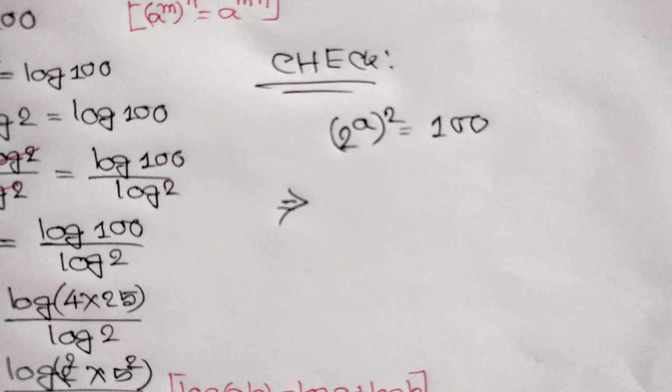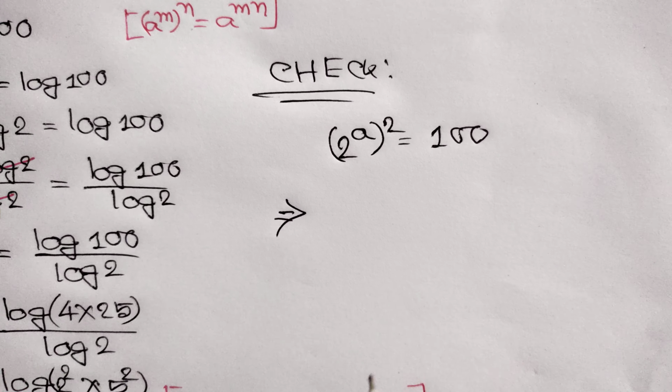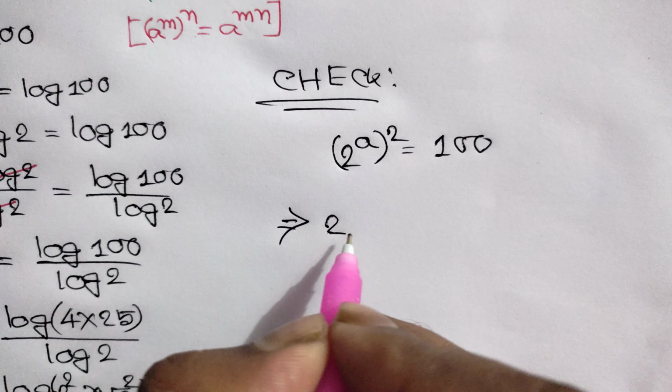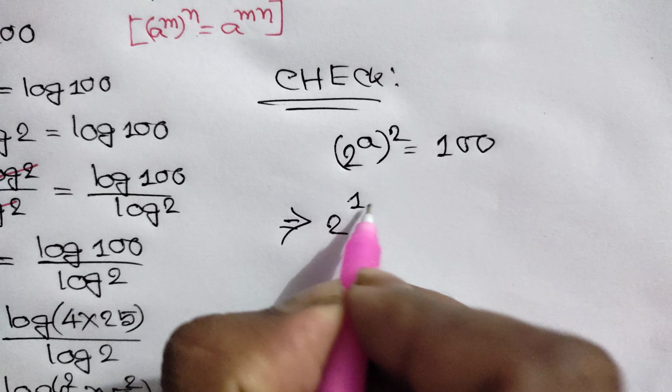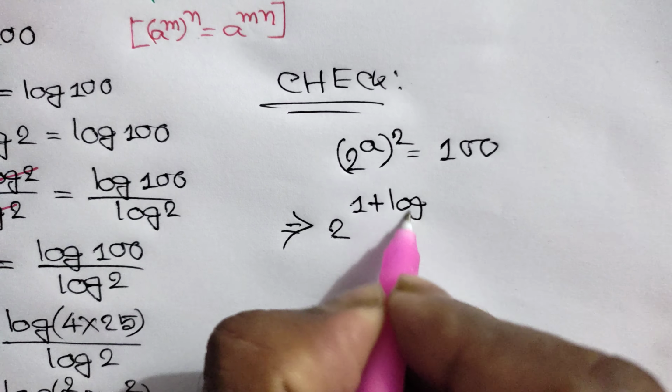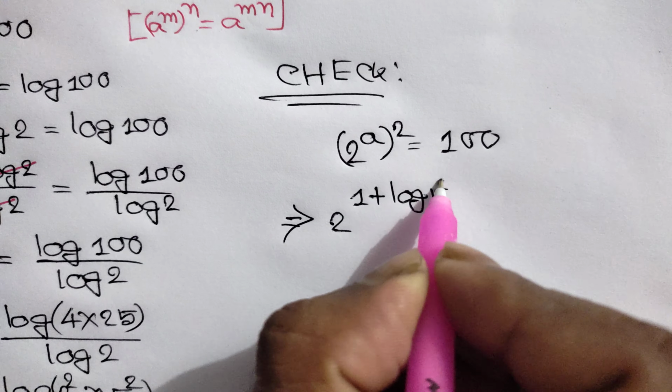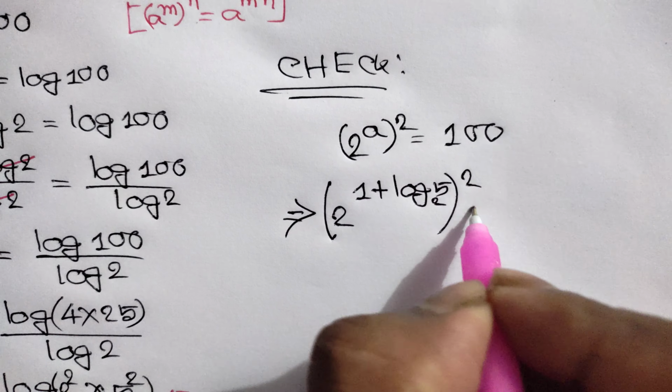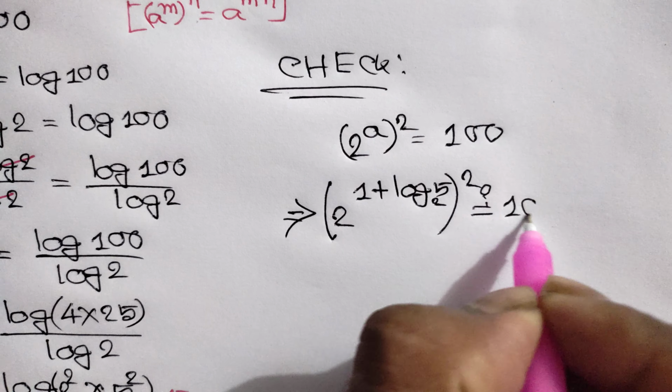So (2 to the power (1 plus log of 5 base 2)) whole square is equal to 100.